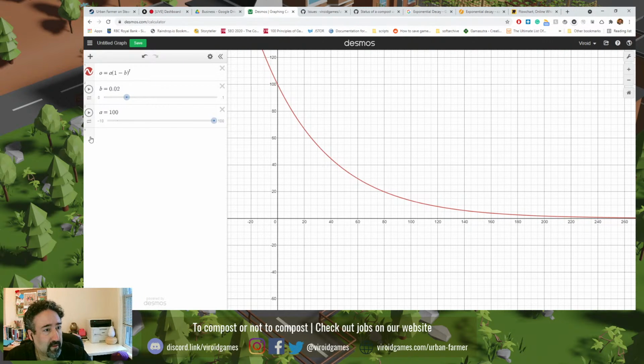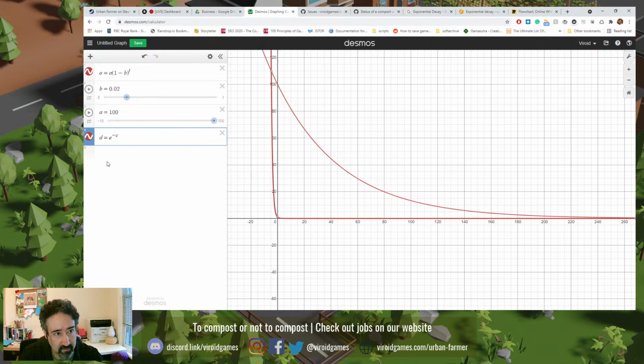Let's create another equation here. Let's call it decay equals e to the power minus some kind of constant. Let's call it c, times t.